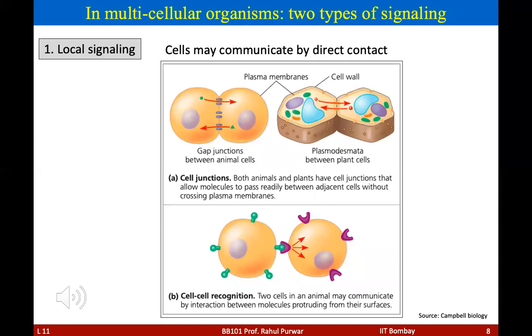Here, two cells in an animal may communicate by interaction between molecules protruding from their cell surface. If you remember, in the immunology class, I was telling you that a T cell would have a receptor, for example, for CD3.